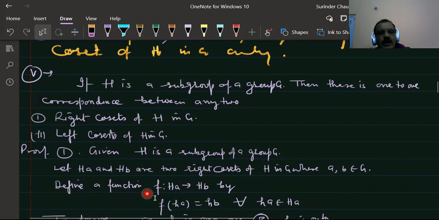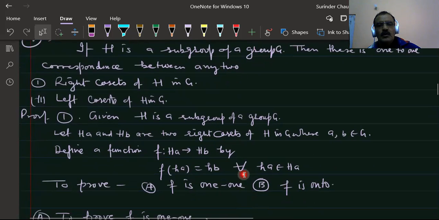Now define a function f from Ha to Hb by f of ha is equal to hb for all ha belonging to Ha. What to prove?